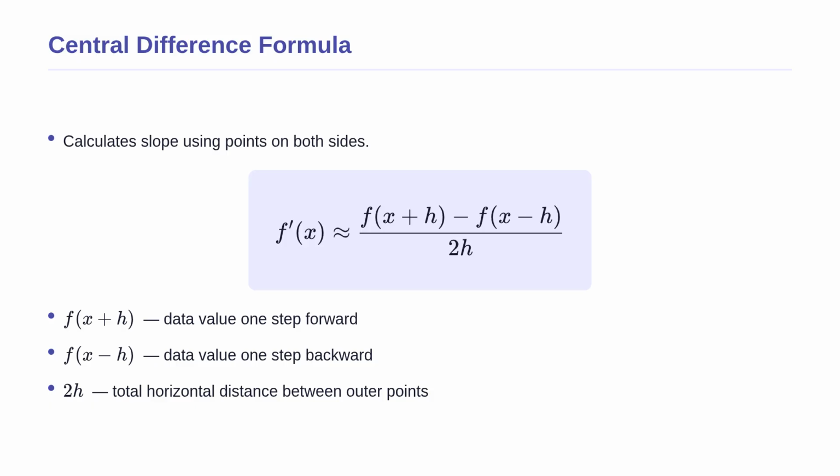This represents the total horizontal distance between those two outer points. Physically, this formula is significantly more accurate than the forward or backward formulas because its error shrinks much faster as the step size h gets smaller. If you decrease the distance between your measurements, your central difference estimate rapidly approaches the true exact derivative.